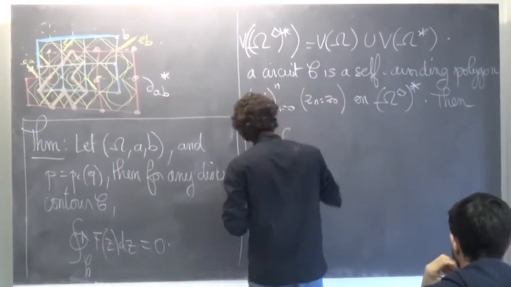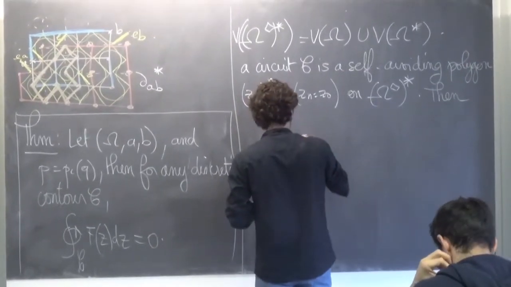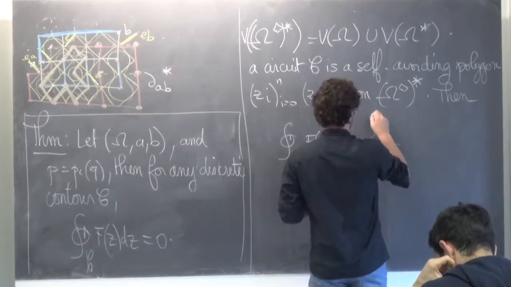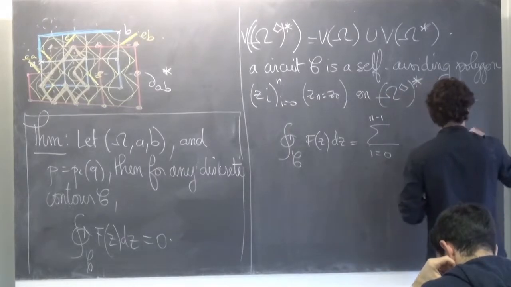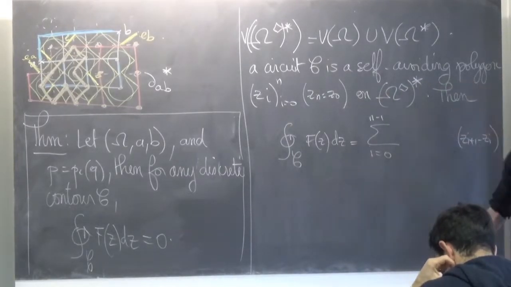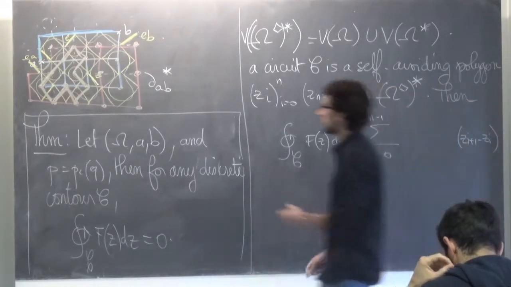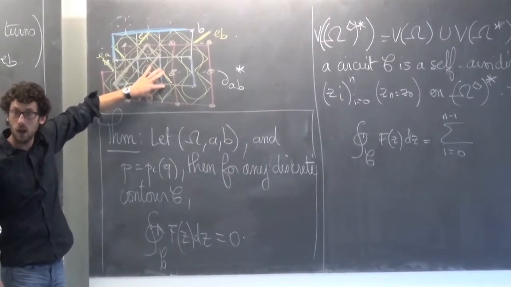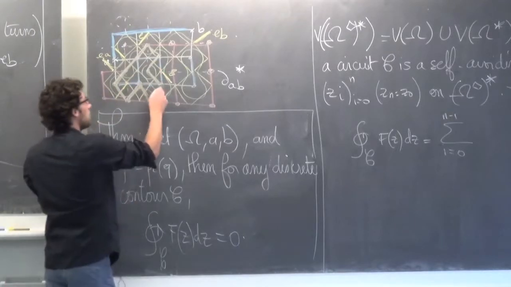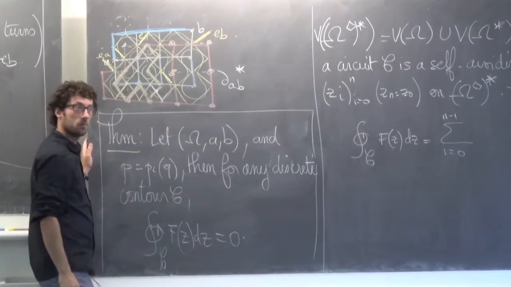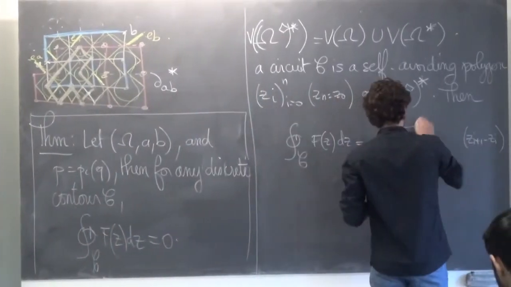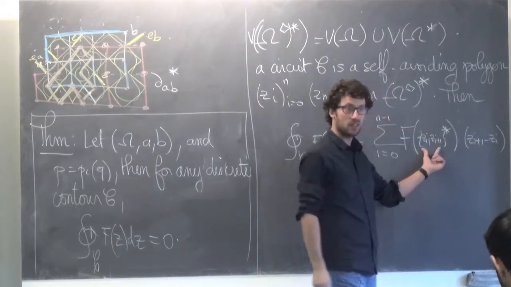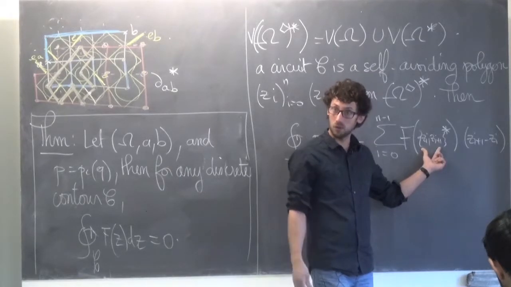What I mean by the contour integral on C of f of z dz is just going to be the sum for i equals 0 to n minus 1 of z_{i+1} minus z_i, seen as complex numbers, times f of z_{i+1} star. So it's exactly what you want to do. You want to say, what is the integral along the path between z_i and z_{i+1}? I want to say it's z_{i+1} minus z_i times the value of the observable here. I take the edge z_{i+1}, which is an edge on the dual of the medial graph.